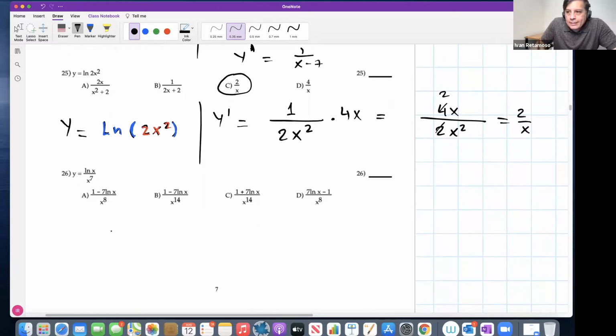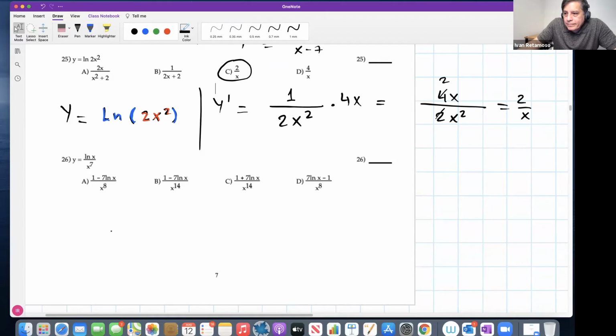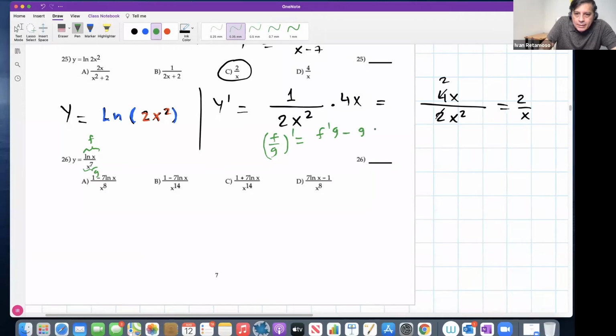This one deals with the quotient rule, right? Quotient rule. Yeah, perhaps we should do this. And then the one with the product rule, probably we will just consider that to be similar. So take this as your function f, take this as your function g. We know that the derivative of f over g is equal to f prime g minus g prime f over g squared, right?